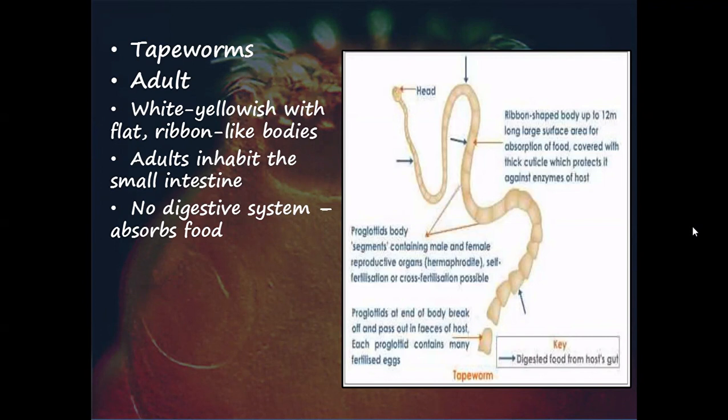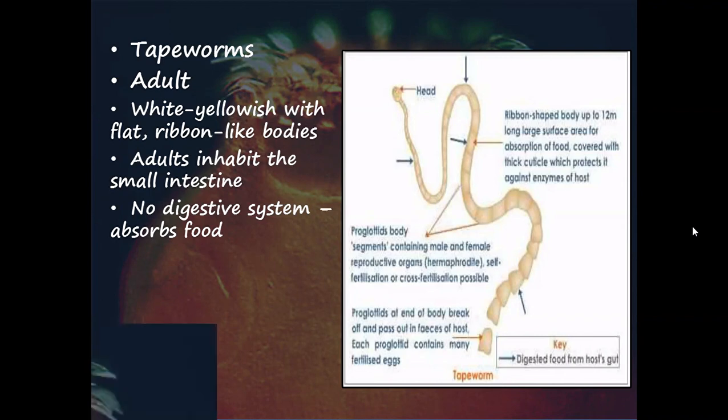Morphologically, they are described as whitish to yellowish with flat, ribbon-like bodies. The adults generally inhabit the small intestine, and they do not have a digestive system, but rather just absorb their food from the environment in the small intestine.